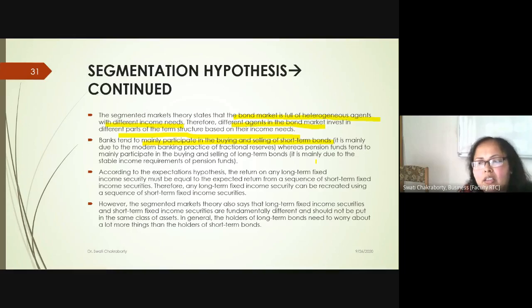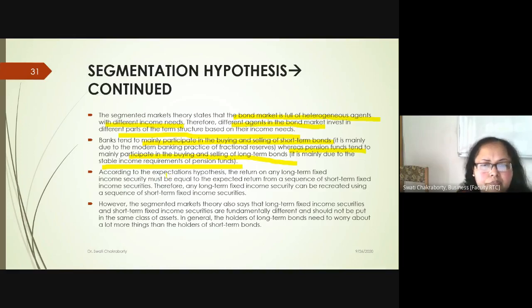Whereas pension funds are usually involved in the buying and selling of long-term bonds. Why? Because that's where we talk of stable income requirements. Long-term is, as we said, more stable. So the stable income requirements of the pension funds, right?